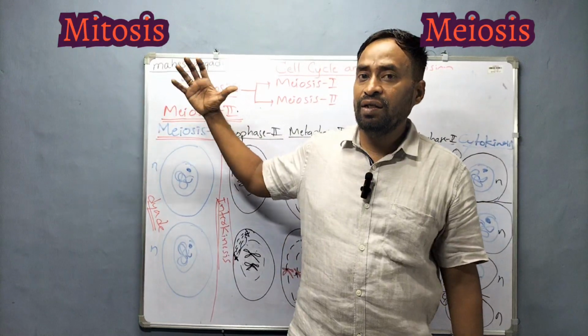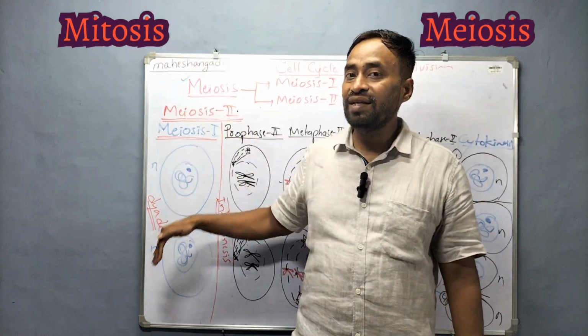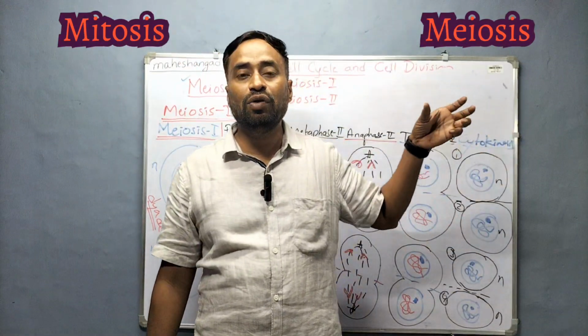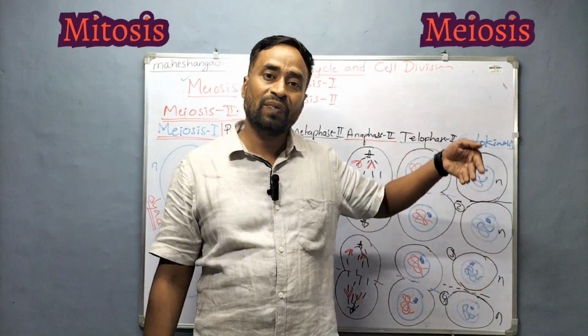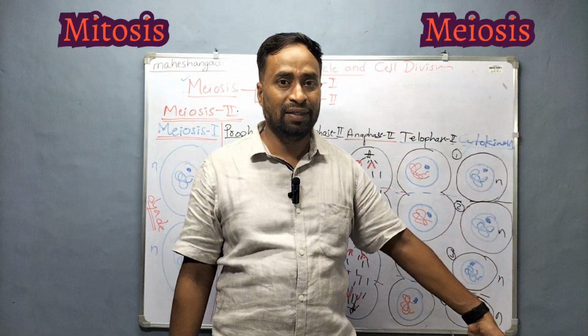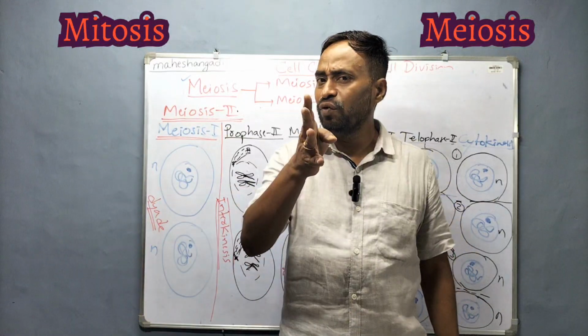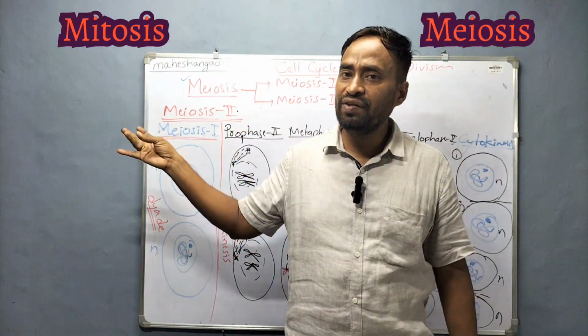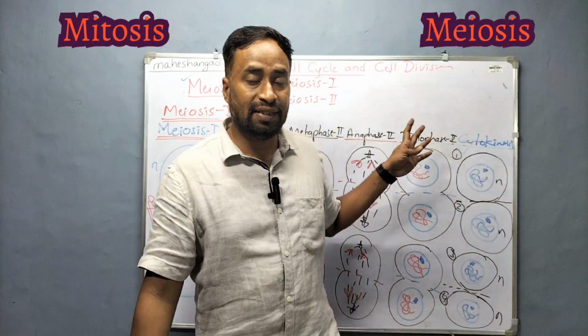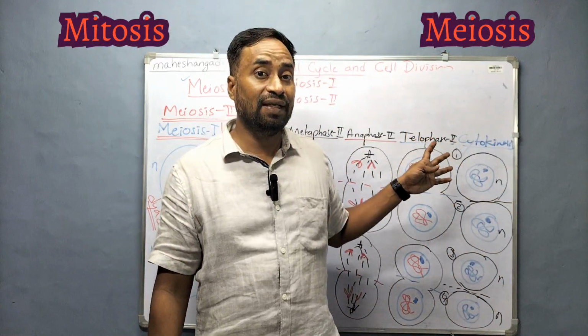Mitosis results in asexual reproduction, whereas meiosis results in what? Sexual reproduction. In mitosis, there are only four phases: prophase, metaphase, anaphase, and telophase. Whereas in meiosis, how many phases are there?